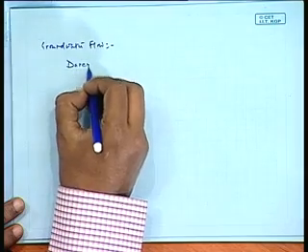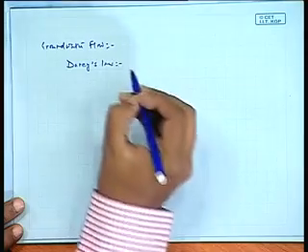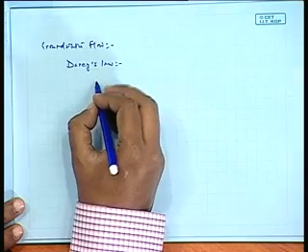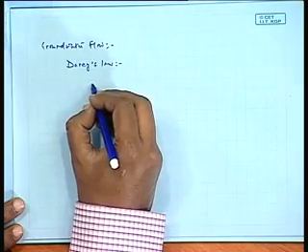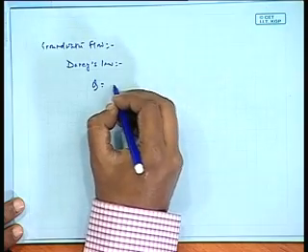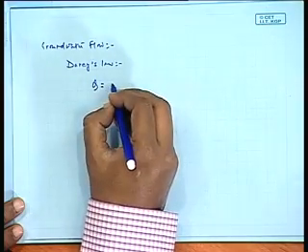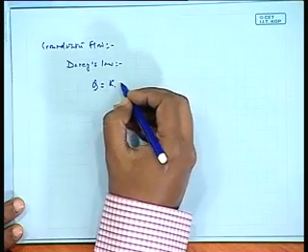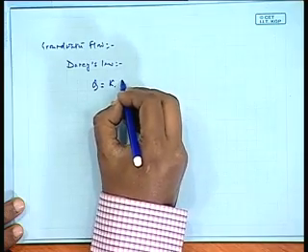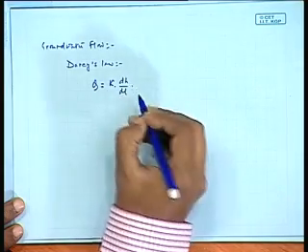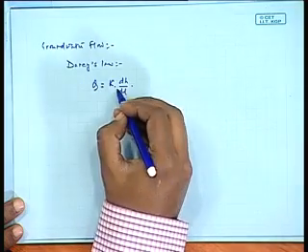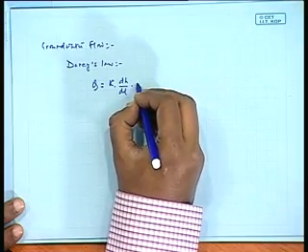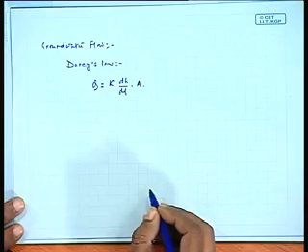Darcy's law says, very simply, that Q, the flow in meter cube per hour or meter cube per minute, is K multiplied by dH by dL multiplied by A. K is the hydraulic conductivity coefficient, and A is the area of cross section.